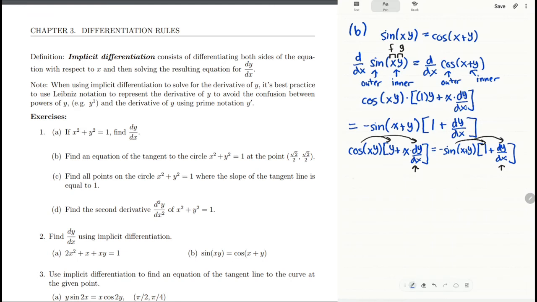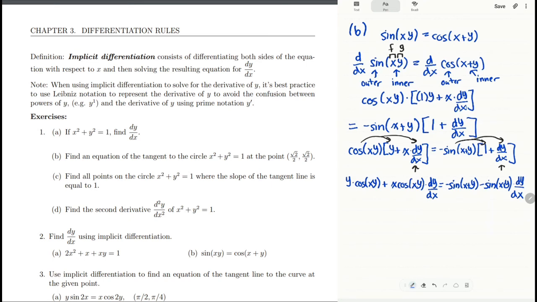So what we have is y times the cos of xy plus x cos of xy times dy over dx is equal to negative sine of x plus y minus the sine of x plus y times dy over dx.